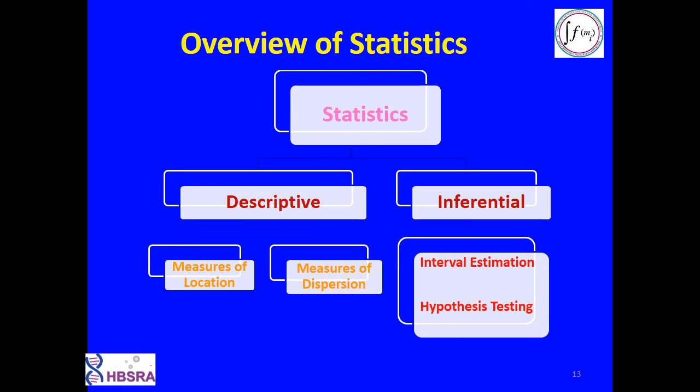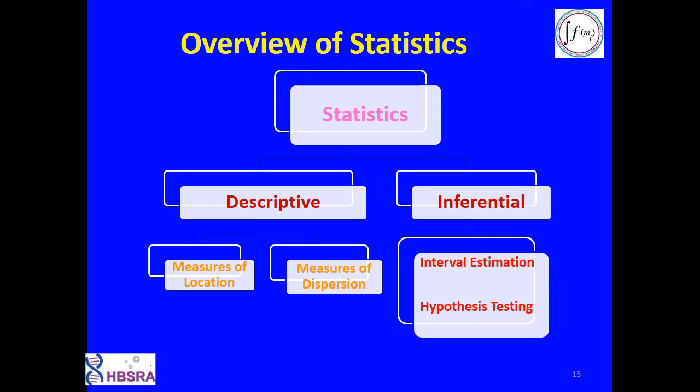Statistics we mainly divide into two parts, descriptive and inferential. In descriptive statistics, we are describing the sample data through measures of location, that is mean, median, mode, proportions and all, and measures of dispersion like range, interquartile range, variance and standard deviation.